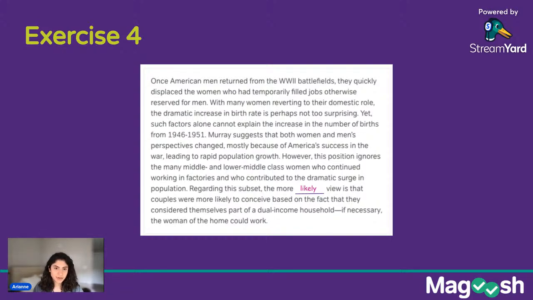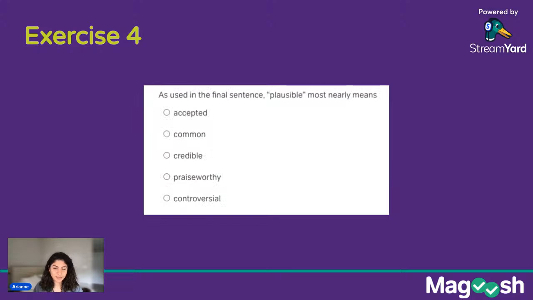And now let's go over to our answer choices. All right. So we have A, accepted. Accepted would be the opposite, or not the opposite, but we're talking about something that is likely, but it's not widely accepted. In fact, the author of this passage is saying the widely accepted idea or theory is that of Murray's, but I'm giving you another one, something that is more likely.